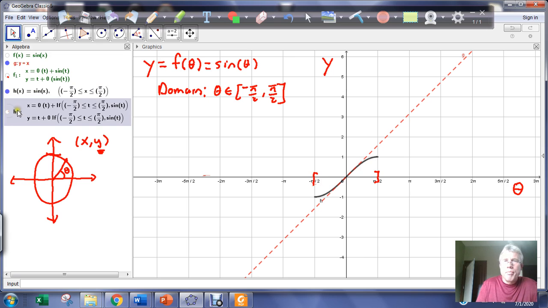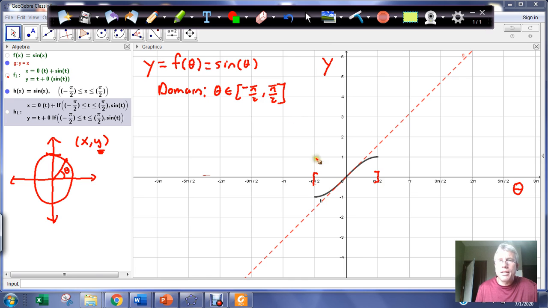So what I want to think about is, if I'm restricting my domain for angles to negative pi over 2 to pi over 2, what outputs do I get? What outputs get generated over that domain?